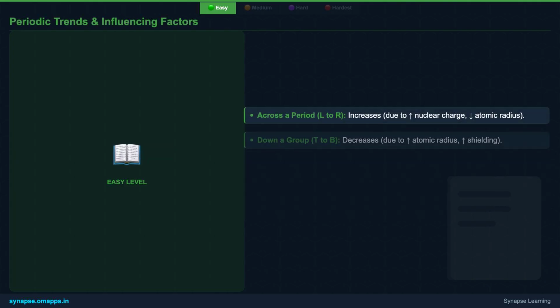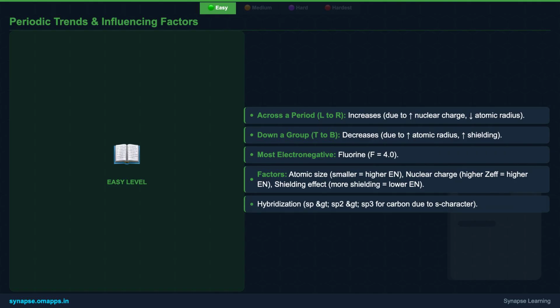Now, how does this pulling power change across the periodic table? As you move from left to right across a period, atoms generally become more electronegative. Why? Because the nuclear charge increases and the atomic size decreases, making the nucleus more effective at attracting electrons.